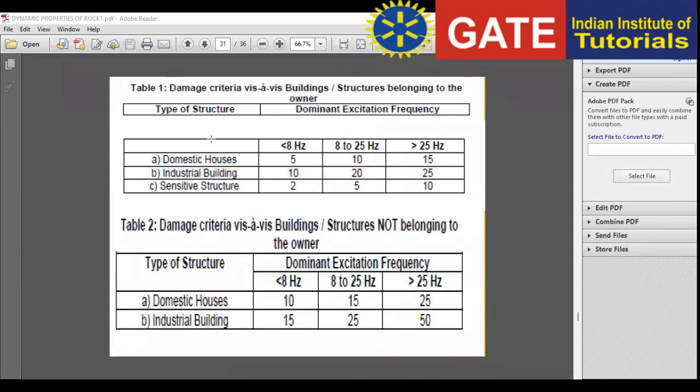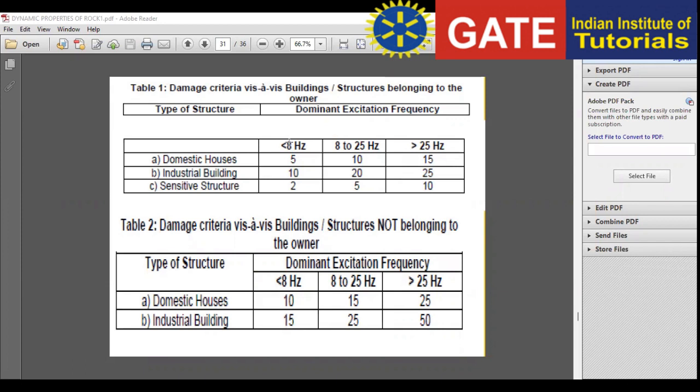Domestic structures have a lower resonance frequency, and if the velocity is high at that time, the maximum energy will transfer from the ground to the structure. That's why at the lower frequency this velocity has been kept minimum, to allow minimum transfer of energy from ground to the structure, which may cause damage or destruction to the structures.